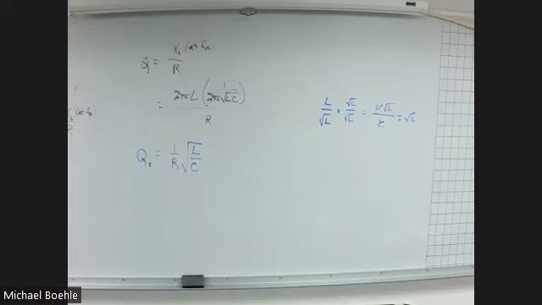Go back to lab 3. You add an inductor. You watch that inductor current build up. And the voltage across the resistor was supposed to get to 5 volts. Didn't get there, did it? Why not? Internal resistance of the inductor.